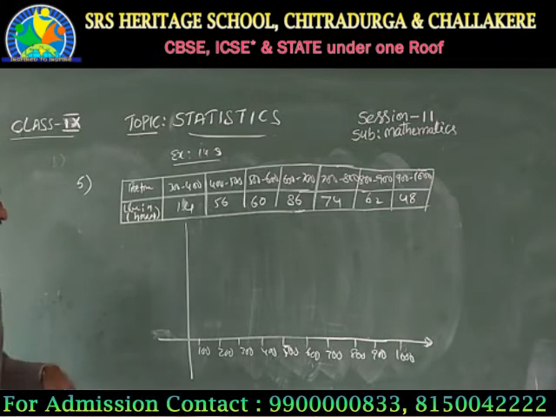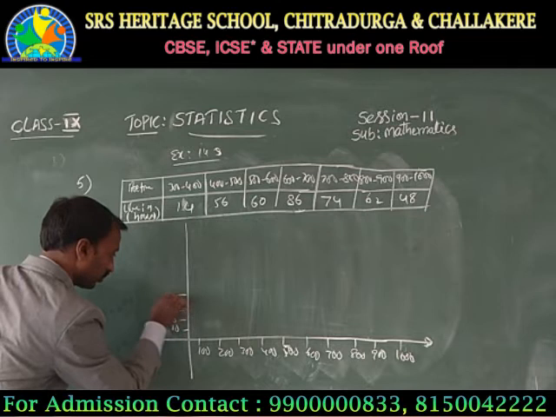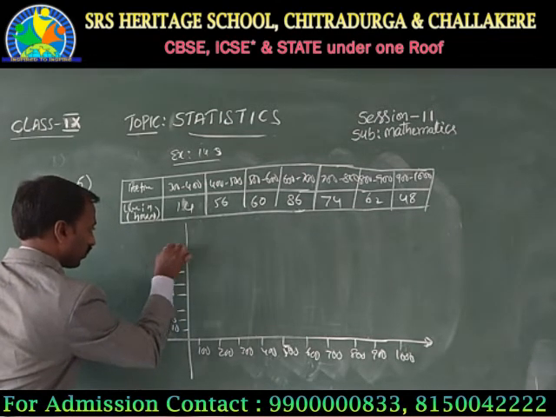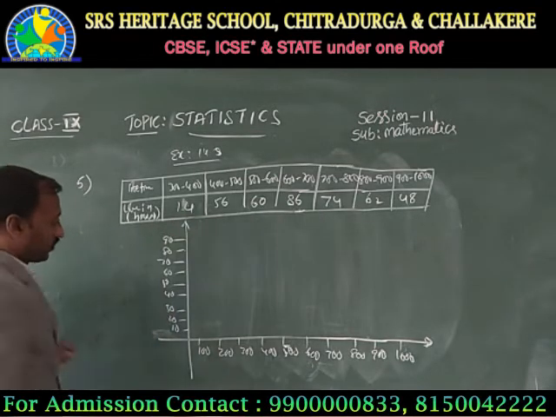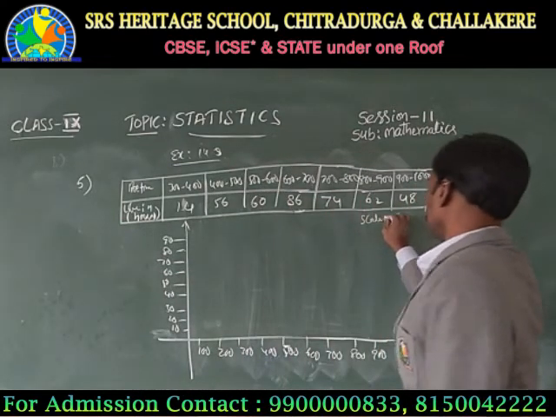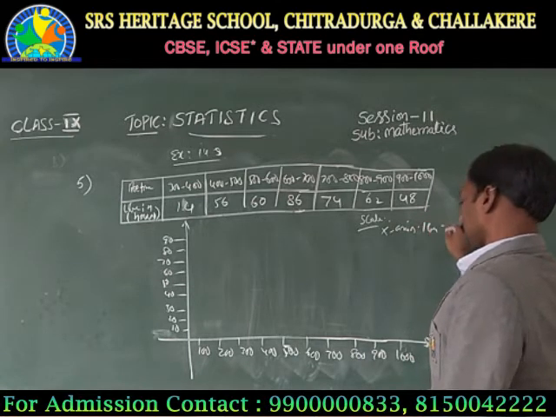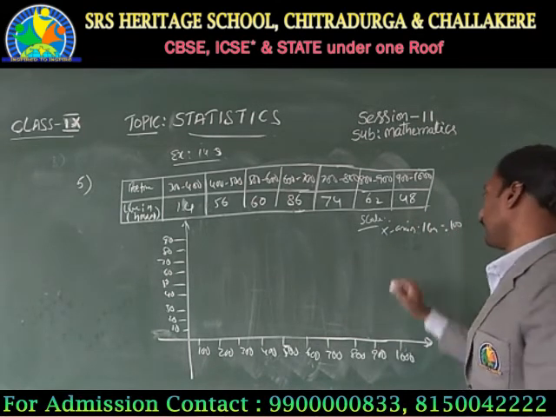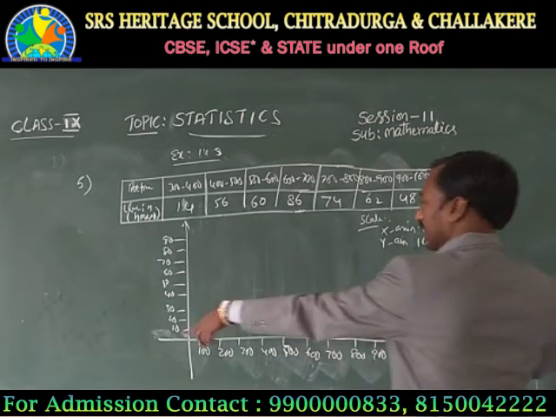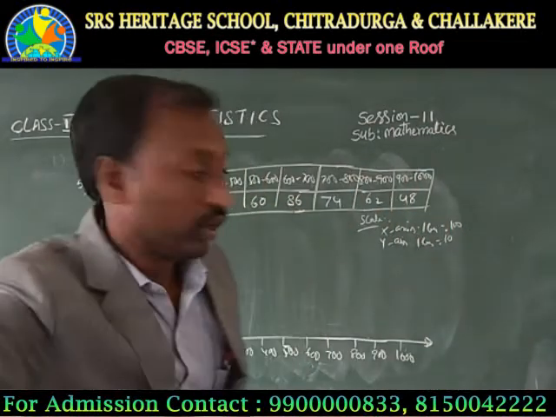So the scale: on the x-axis 1 centimeter is 100 units, and on the y-axis 1 centimeter is 10 units.